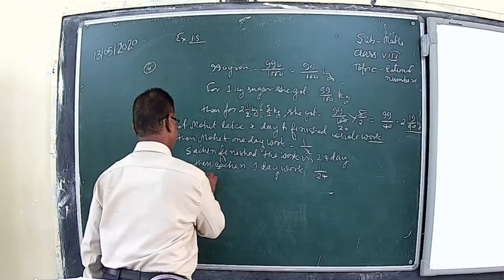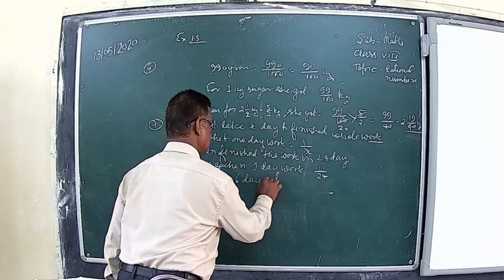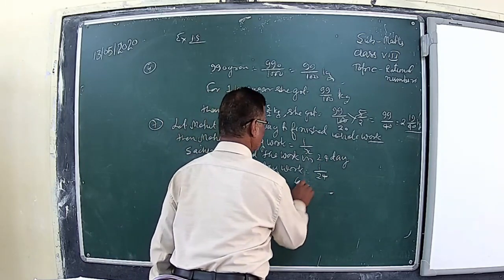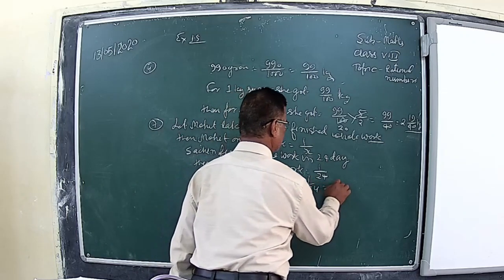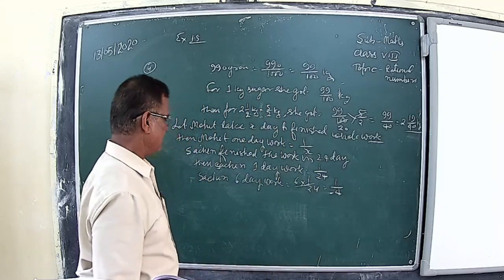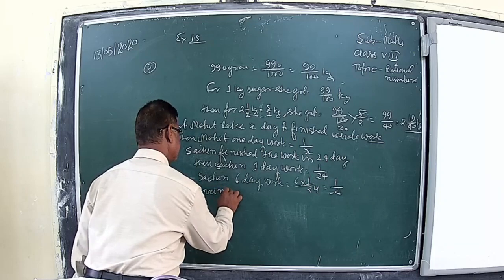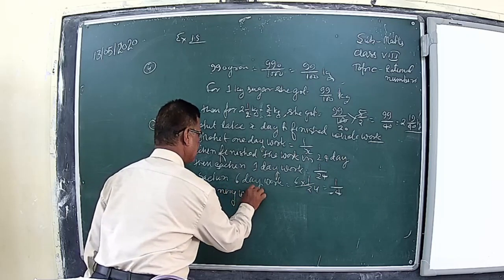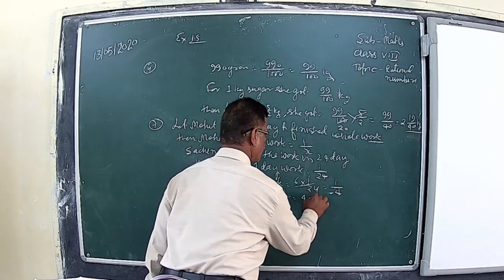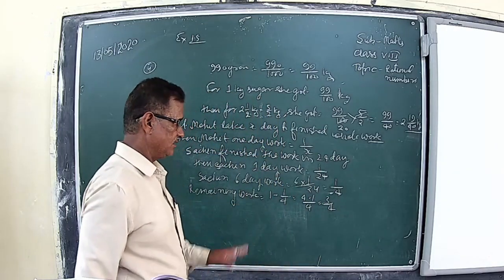Then Sachin's 6 days work is equal to 6 into 1 by 24, is equal to 1 by 4 part of the work he finished. Then the remaining work is equal to 1 minus 1 by 4, is equal to 3 by 4. This much work remains.